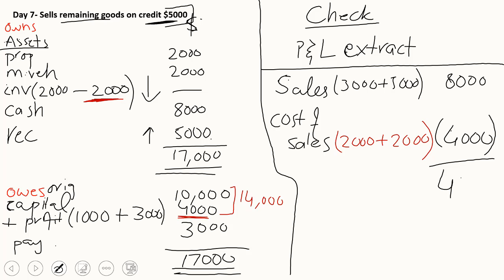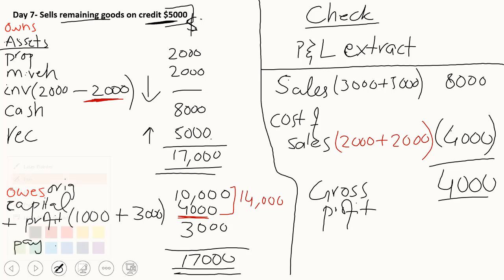So how much is the profit? Gross profit. Its total gross profit is 4,000, and this is the figure over here, 4,000. So we have proved that it is correct.